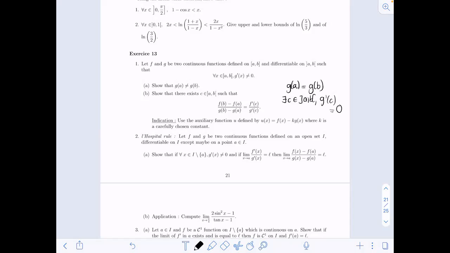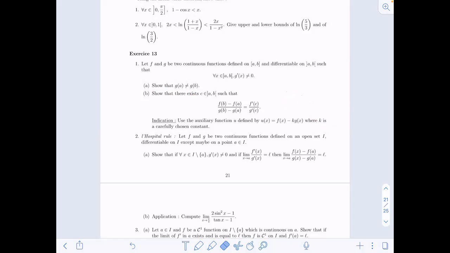And so what we're doing here, if you look at question a, is trying to prove something that's almost the other way around. If there never exists a point such that g'(c) is equal to 0, then g(a) is different from g(b). So that's what we're going to try and do. And we're going to base ourselves on Rolle's theorem, the thing that I just wrote, and prove that you reach a contradiction.